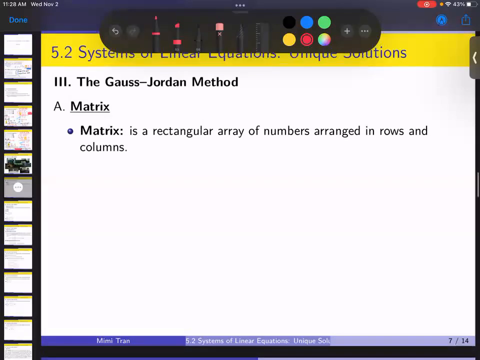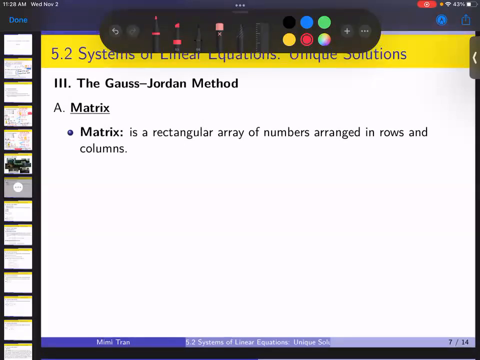Right. So matrix here, what we talk about is not the movie, it is the rectangular array.